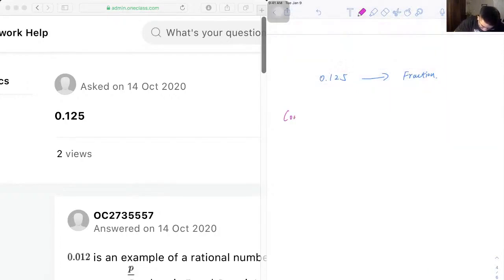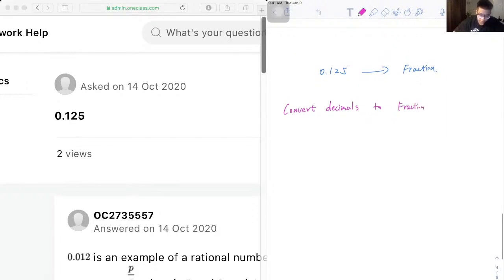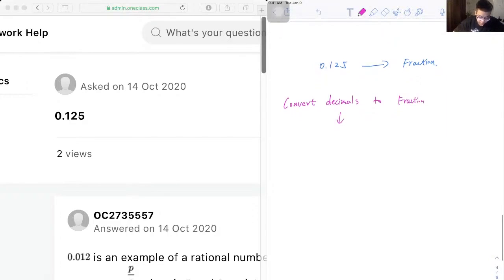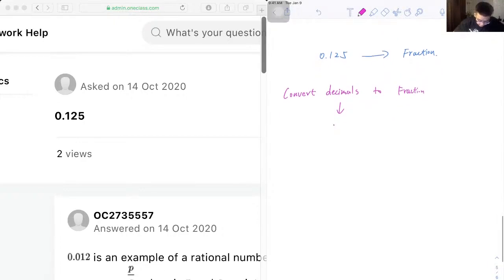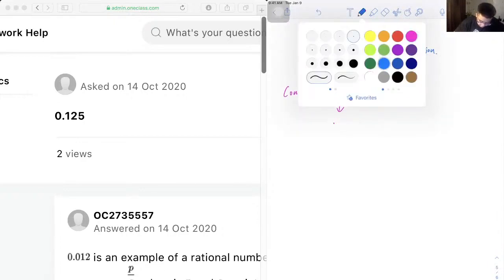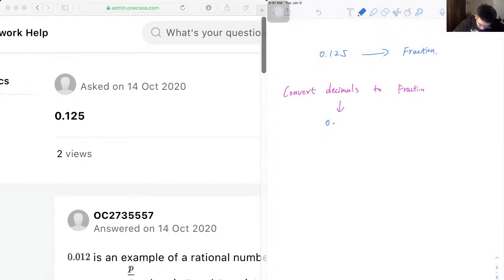So we need to convert a decimal to a fraction, where decimals are just numbers with a decimal point. Some examples could be 0.125 or 1.1 or 3.24.